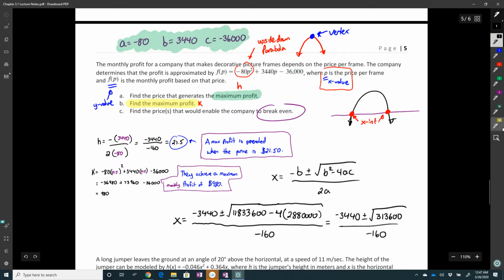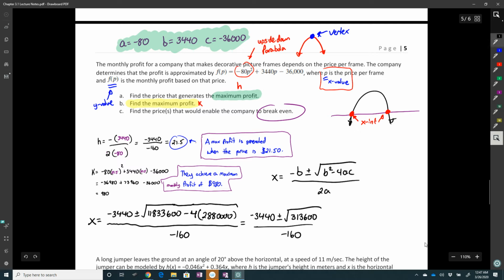So we're making some progress. So the square root of that number is 560. And that gives us our two answers.